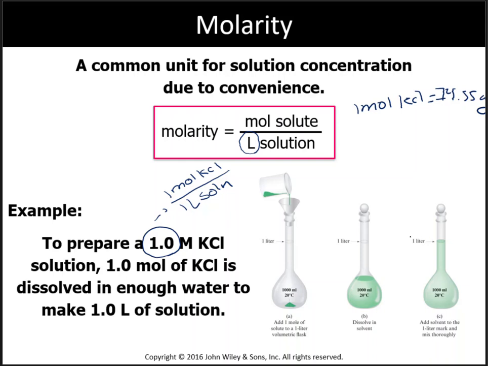So you mix it very well, and after you're done, you have 1 liter of 1 molar potassium chloride solution.